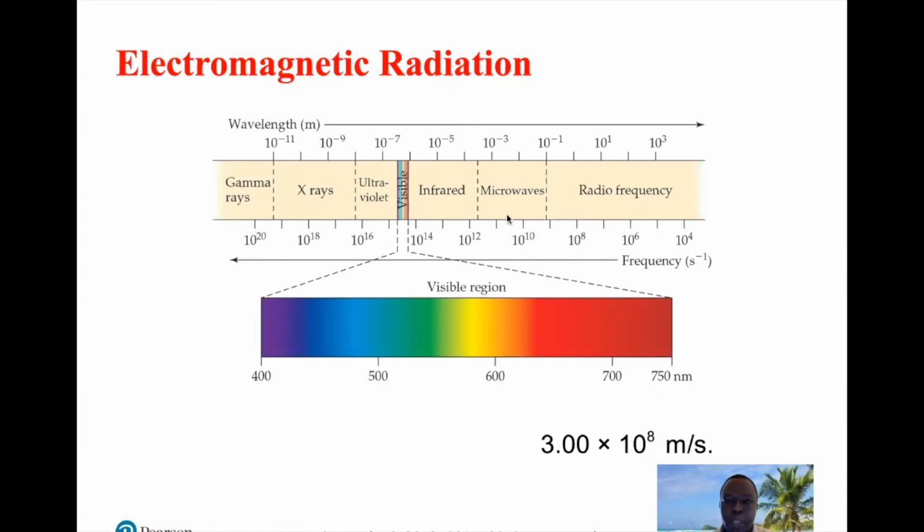Then there are radio and microwave. What we'll be focusing on is the visible region, and it lies between 400 nanometers and 700 nanometers. What I mean by this is the distance. It is the wavelength, and the wavelength is increasing as you go from left to right.